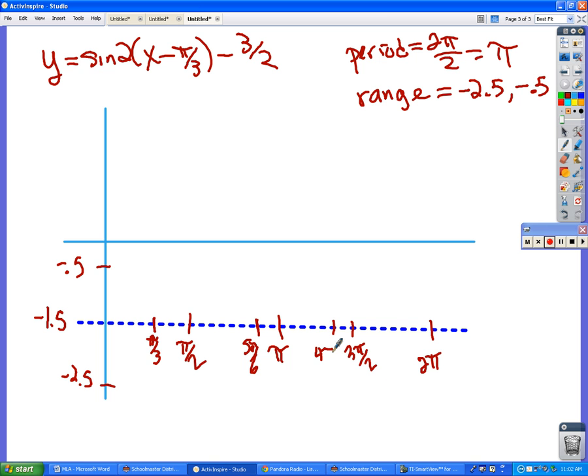So that's going to be somewhere over here. And then 3 pi over 2 plus pi over 3, what's my common denominator there? 6. So this is going to be like 9 pi over 6 plus 2 pi over 6. So that's a total of 11 pi over 6.